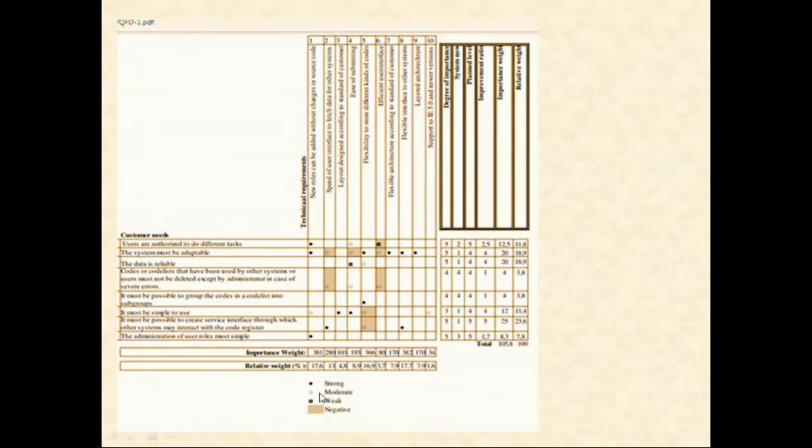A weak one is denoted as a square, and a square with a cross inside it is very weak. Because it is very small, you are not able to make that. A square with a cross is very weak, which means I'll give it a 0.1. And if it is blank, it is a negative. Colored one is giving a negative value as well. And those which are blank give a 0 value.